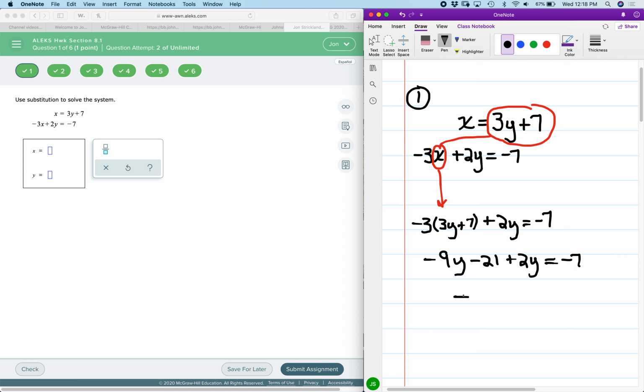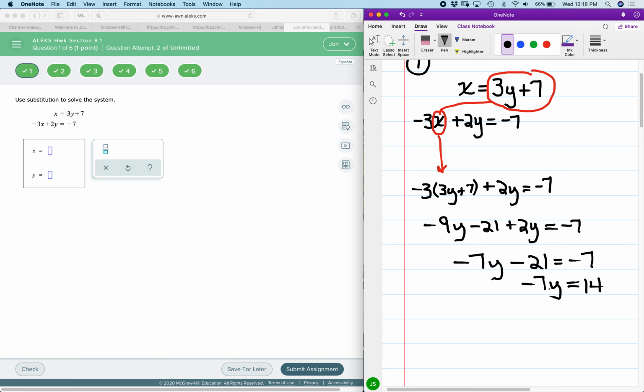Upon combining like terms, you have negative 7y minus 21 is equal to negative 7. Adding 21 to both sides, I have negative 7y is equal to 14. Upon division by negative 7, we have that y is equal to negative 2.